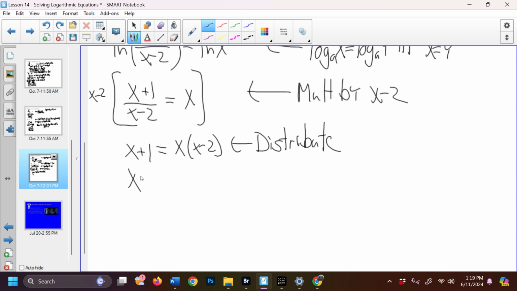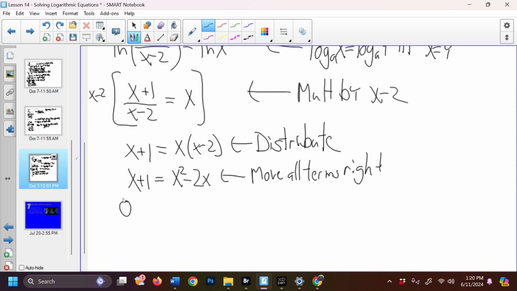And that'll give me x plus 1 equal to x squared minus 2x. And if I move all of the terms to the right, I get 0 is equal to x squared minus 3x minus 1.